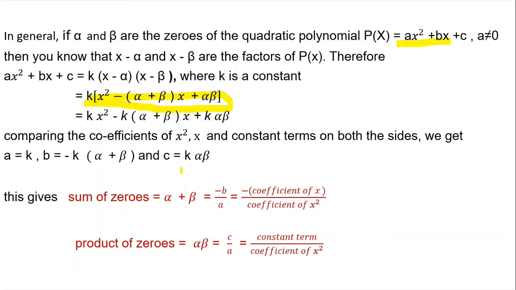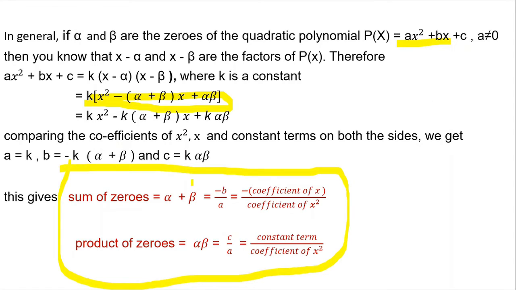Now, in its general form, the sum of its zeros, alpha plus beta, is equal to minus b by a, which is minus the coefficient of x by the coefficient of x squared, and the product of its zeros, alpha beta, is equal to c by a, which is the constant term by the coefficient of x squared. These two notes are useful when a polynomial p of x is given in the question and we have to find the sum of its roots and the product of its roots.